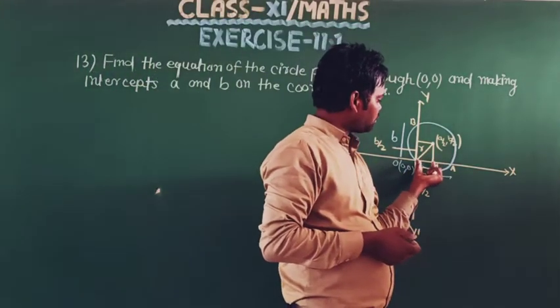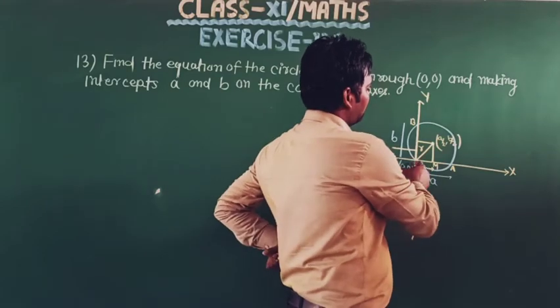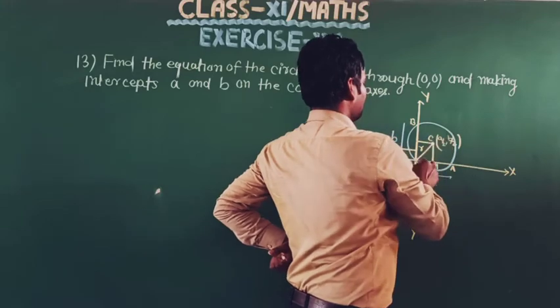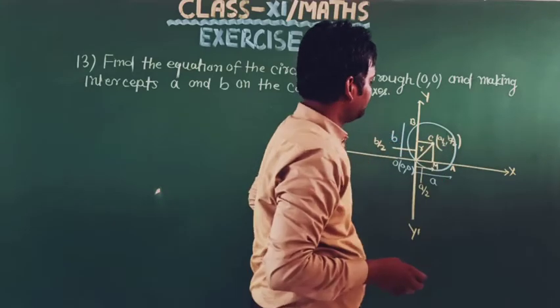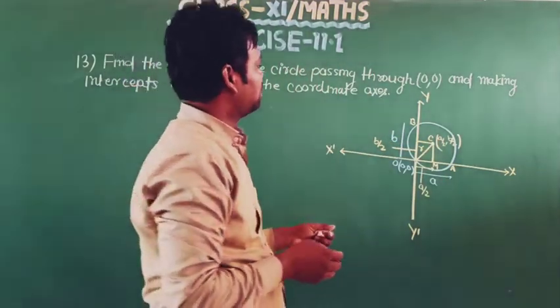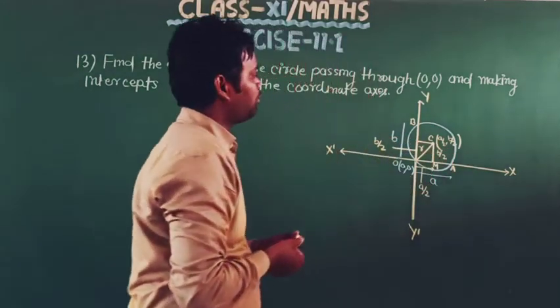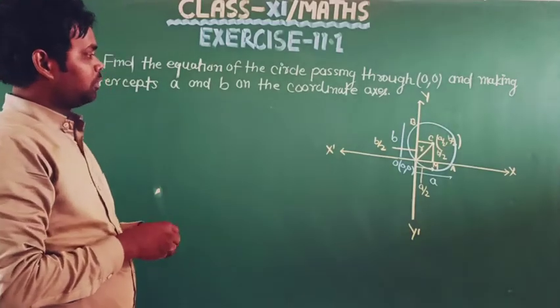Here we have to see OM. Suppose this is C. OMC is a right angle triangle, so this will also be B by 2. We have to apply the Pythagoras theorem.